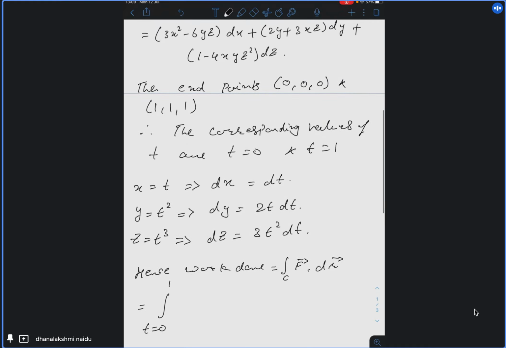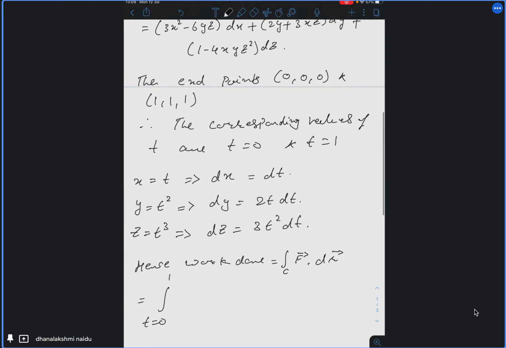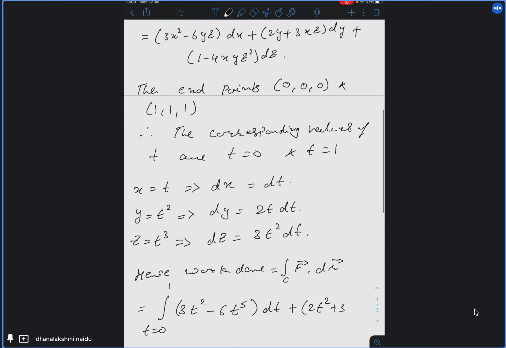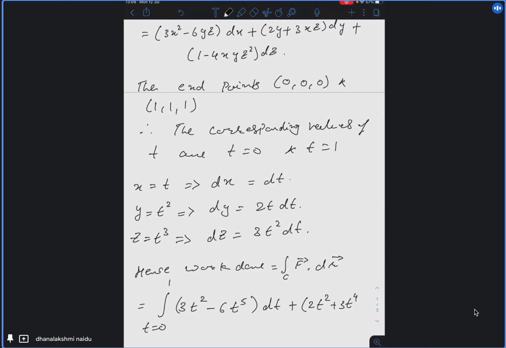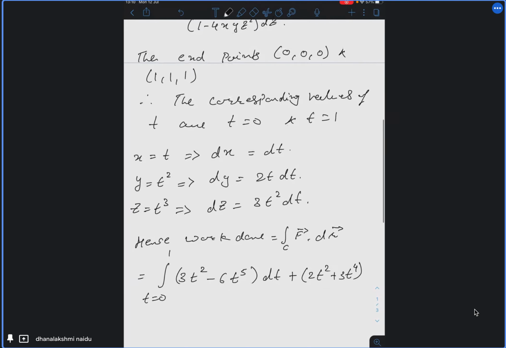In F bar dot dr bar, 3x square means t square, minus 6yz means t square times t cube, which is t to the power 5, with dx being dt. Plus 2y, which is t square, plus 3xz, which is t times t cube, so t to the power 4, multiplied with dy, which is 2t dt.